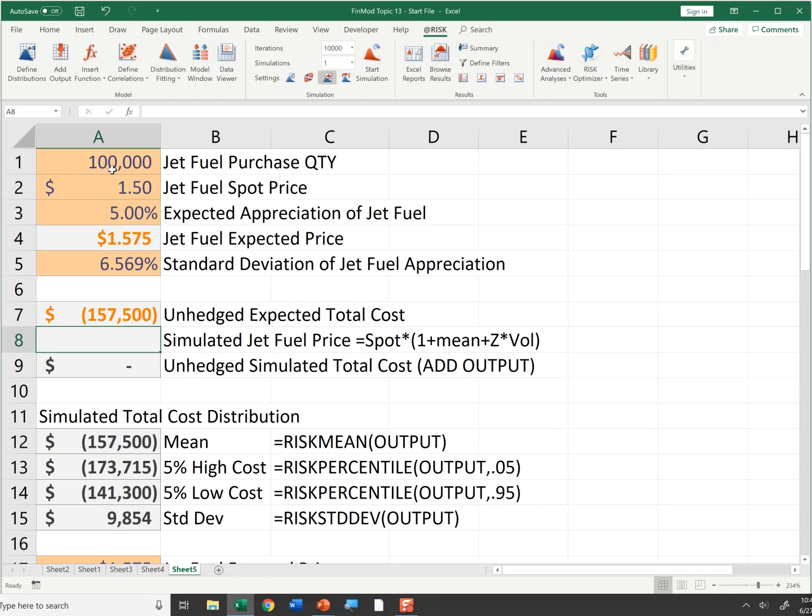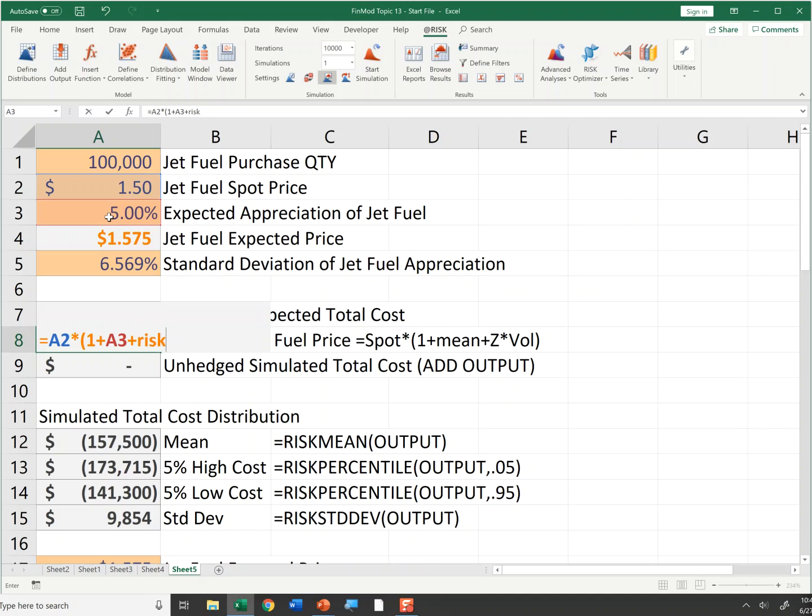So what I'm going to do is add a random variable for jet fuel prices next year, which is going to be equal to the current spot price times 1 plus the expected appreciation. And then I'm going to add a random variable, z, which is a standard normal random variable, times the standard deviation.